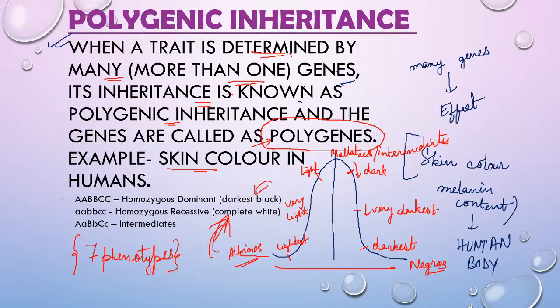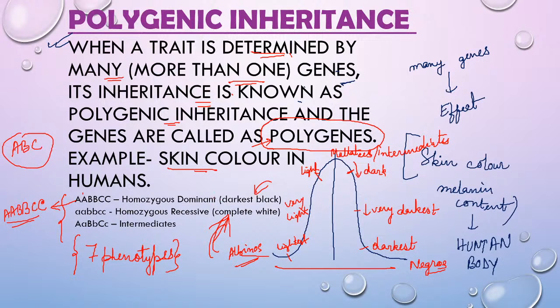Now, let me say that for homozygous dominant, the total genotype working for this is AABBCC. Three main types of genes are working for this. In the dominant or the darkest black, we find the dominant capital A, so more and more melanin pigment is present.